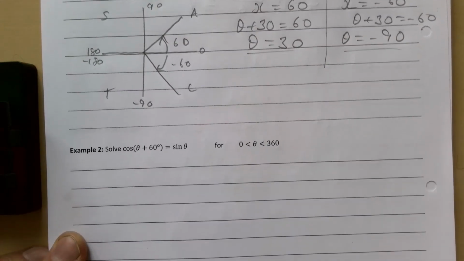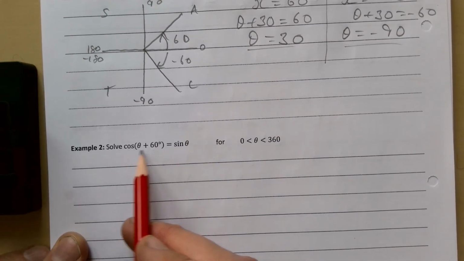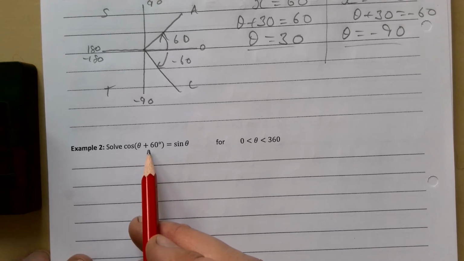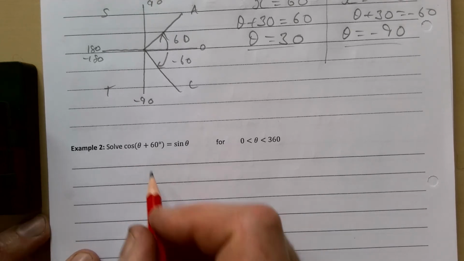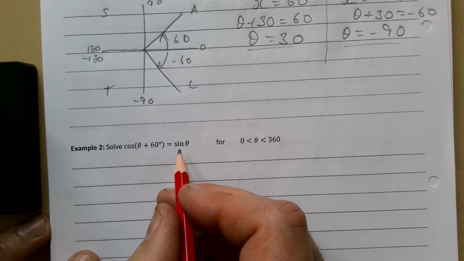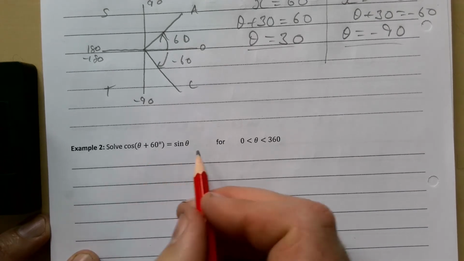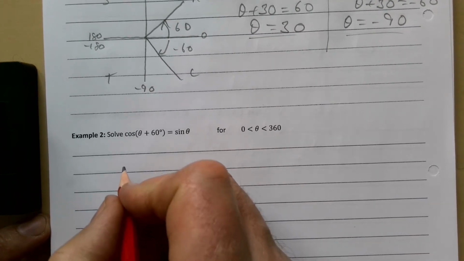Second example, again hopefully you recognize this as our cos compound angle formula. Let's multiply it out and see what we have, and see if we can tidy some stuff up. This is a tough enough question, I think, if you don't know what you're doing.